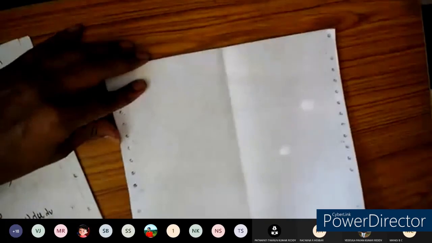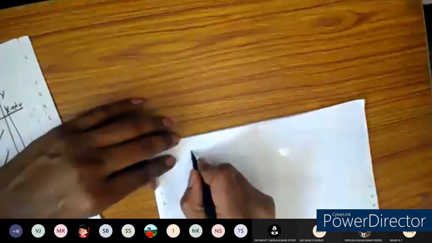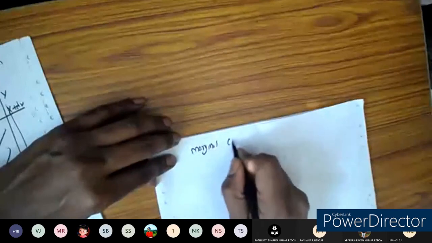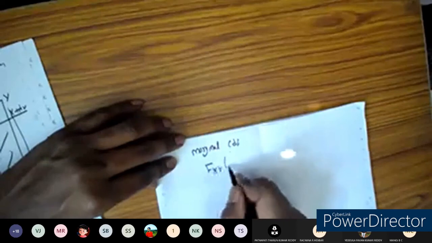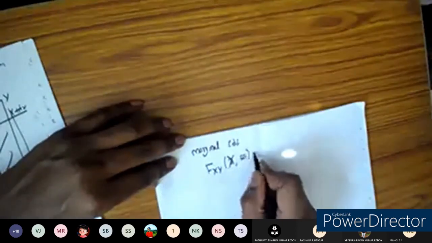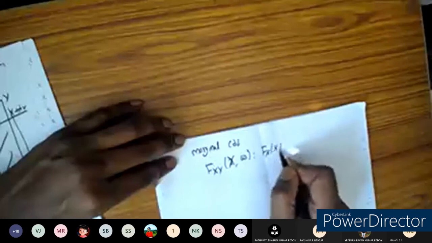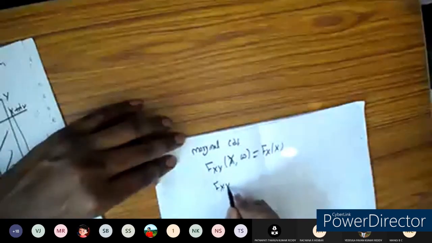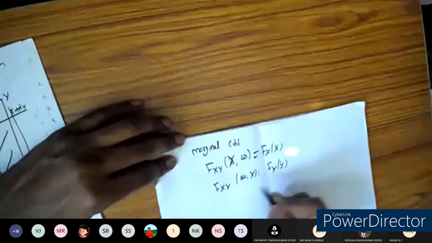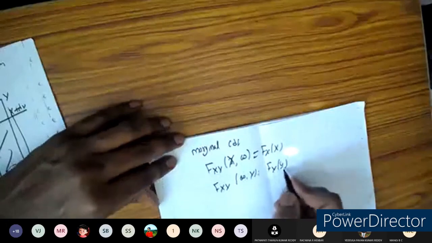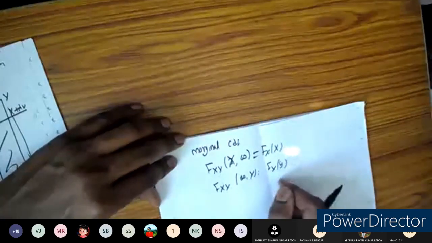So from the marginal CDF, we have F_XY(x, infinity) equal to F_X(x), and similarly F_XY(infinity, y) equal to F_Y(y). From this we can extend to the marginal PDF also.